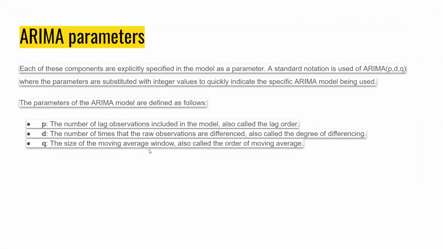The second is the number of times the raw observations are differenced. So our model is 5, 1, and 0. Five is the number of observations we have included. One means we have just taken one difference, and after taking the difference between two intervals, we saw in the autocorrelation plot that the plot was smoother, so the mean did not change. So we have just taken one difference, and then the size of the moving average is 0.